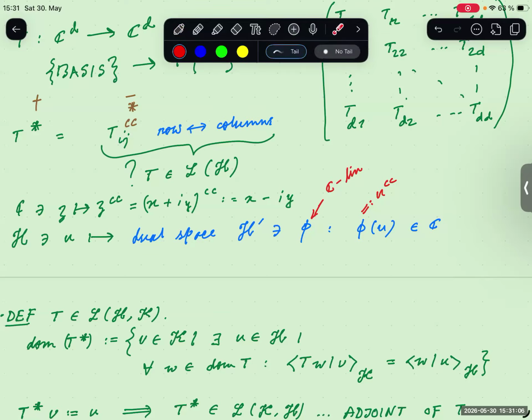But is this action C-linear? C-linear means linear with complex numbers, okay? So that means if you have an element here and if you have an element in complex, then you see that the linearity changes with complex numbers, not on the real part. However, for phi, does it happen?